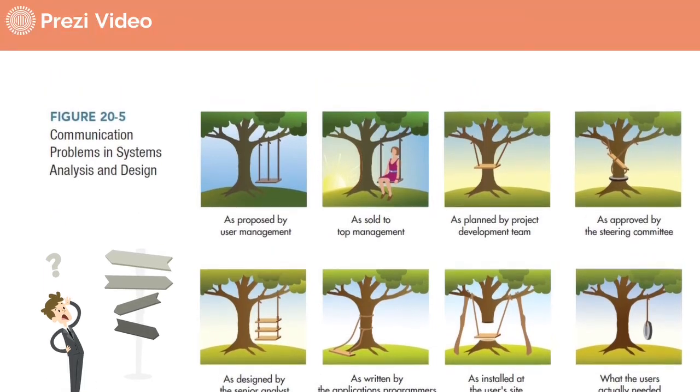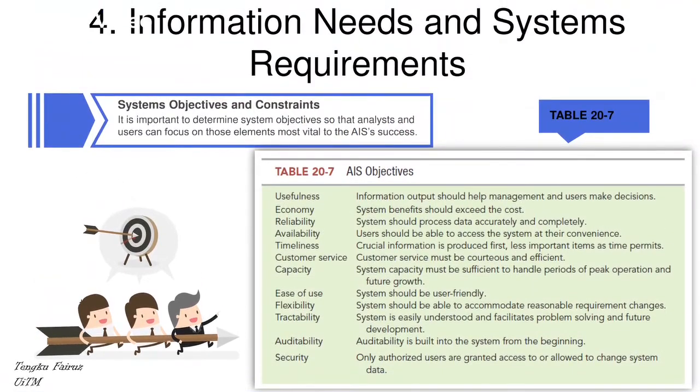Under this step, information needs and system requirements, they also need to know the system objective and the system constraint.